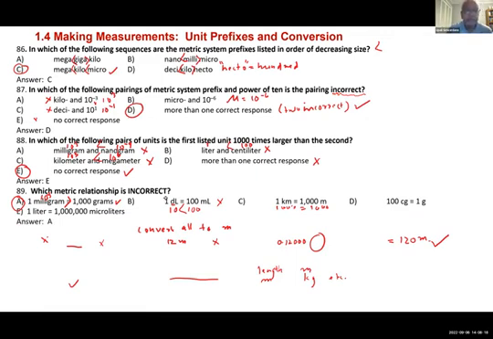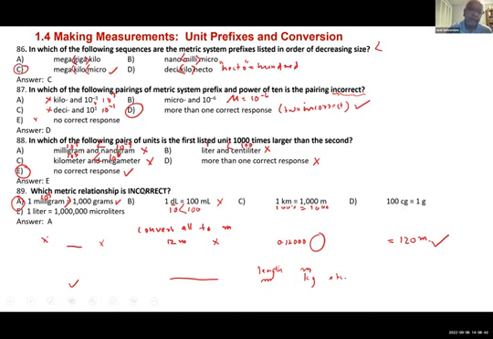The answer is A. This is correct. This one is not correct. 1 kilometer is 1,000 meters. That's correct also. Kilometer is 1,000 meters. That's not.